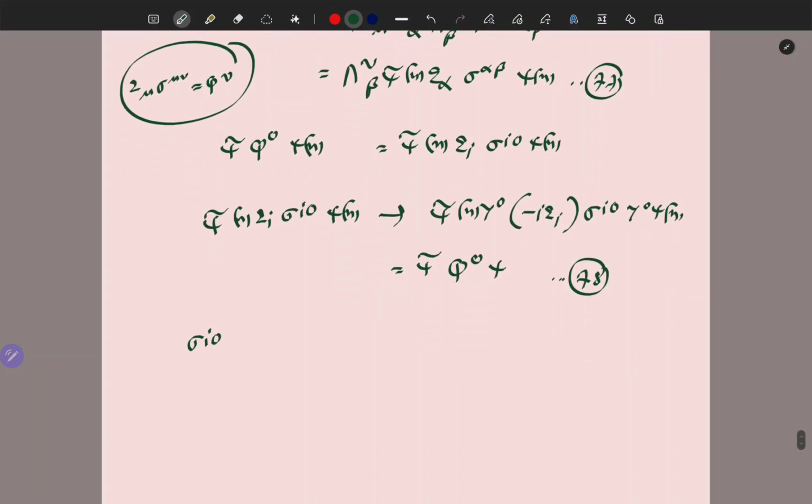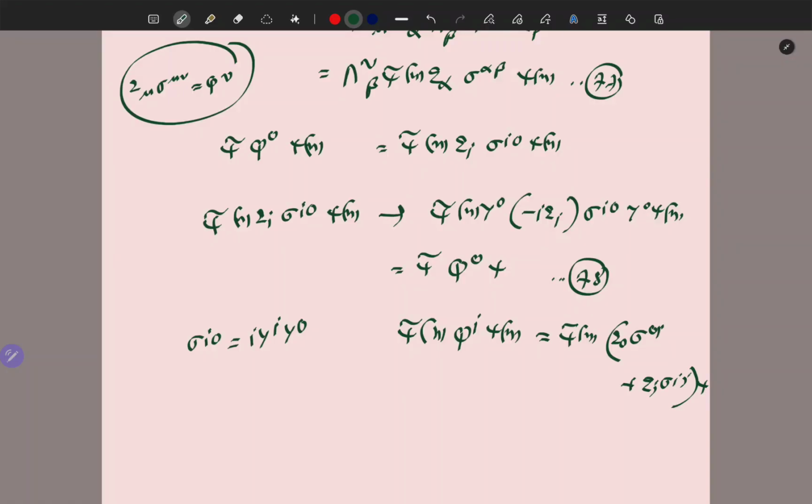Using sigma i0 equal to i gamma 0, so that second, psi tilde of x qi psi of x equals psi tilde of x q0 sigma 0 i plus qj sigma ij psi.